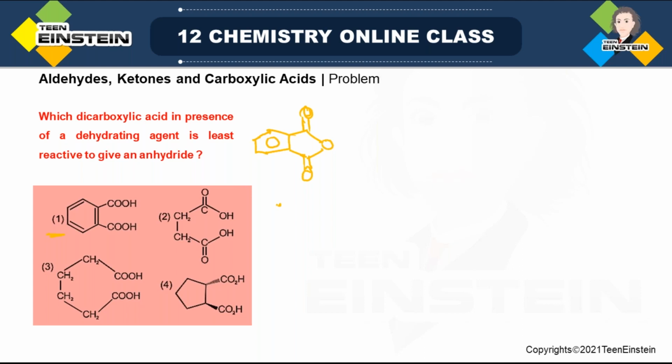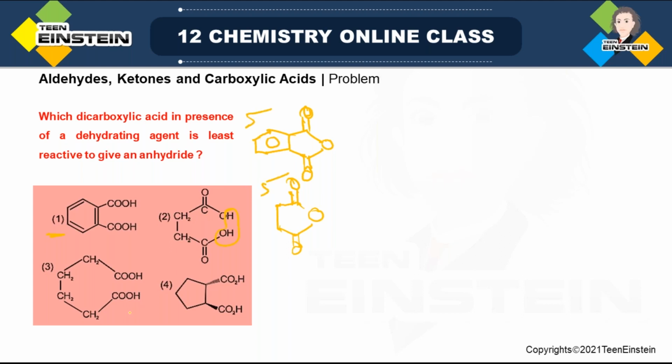If it is option 2, the anhydride that you will get will be something like this. This is also 5-membered. So here H is removed. Now see, the second one is also 5-membered.